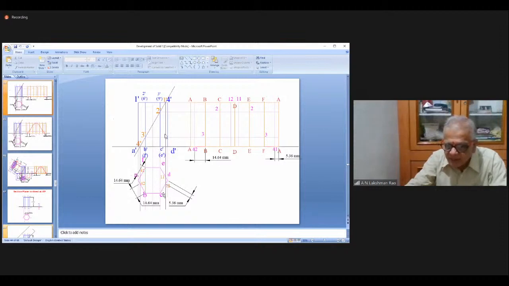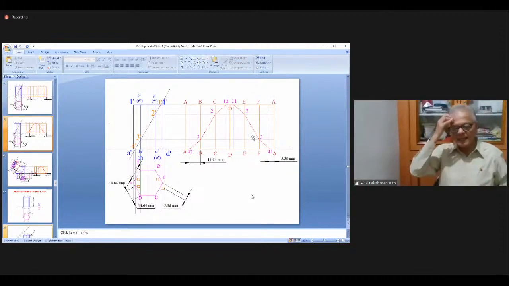On EC, I have got 2. C is 2, and E also is 2. These 2, 3 are lines drawn from here. So wherever they are, draw lines, then join them.